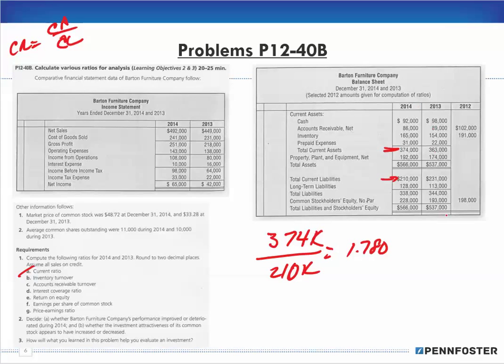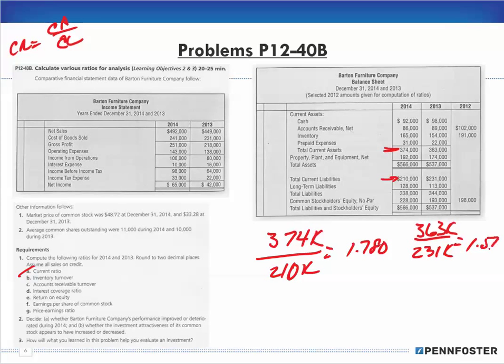And for 2013 we have 363 over 231, which gives me 1.57.